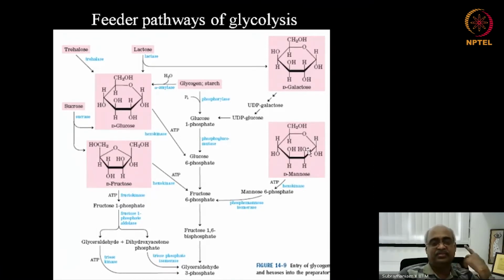And another sugar, the 6-carbon mannose, can also enter. So like this, multiple sources of carbohydrates can all finally get converted into intermediates of glycolysis. And these steps are what we call the feeder pathways of glycolysis.